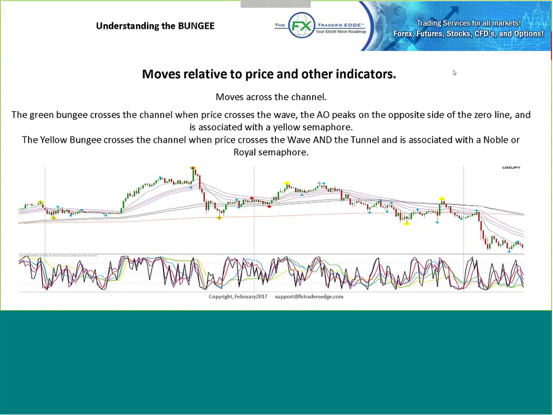You will get used to that. The more and more you look at the bungee, the more you understand what it's telling you, the more you will appreciate where these little anomalies are.